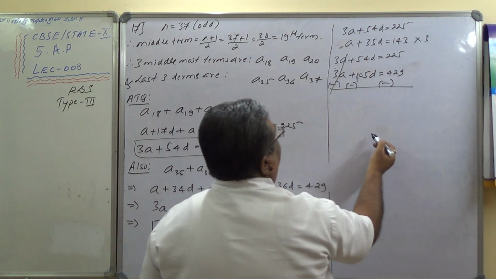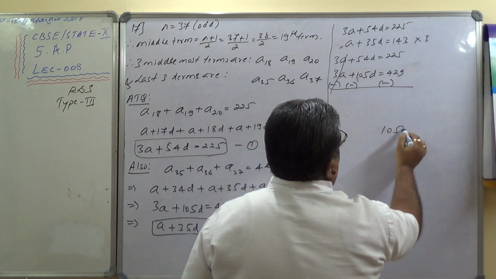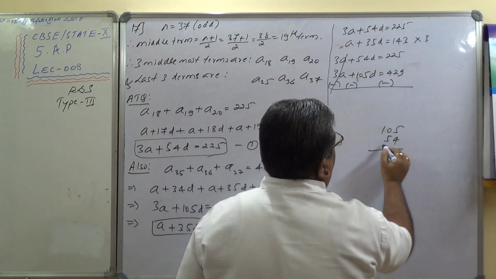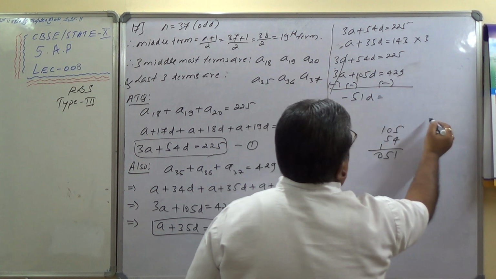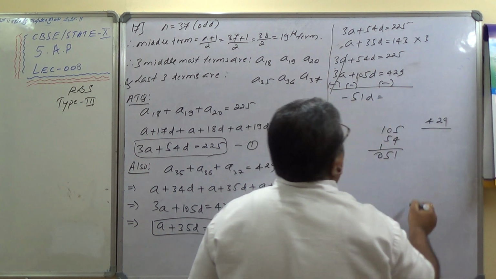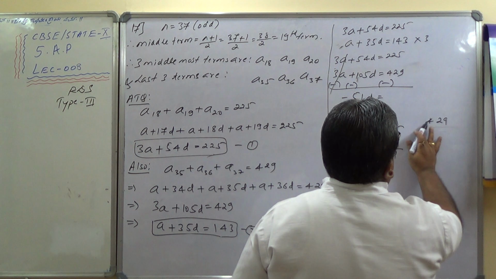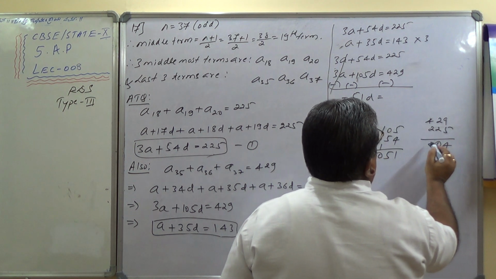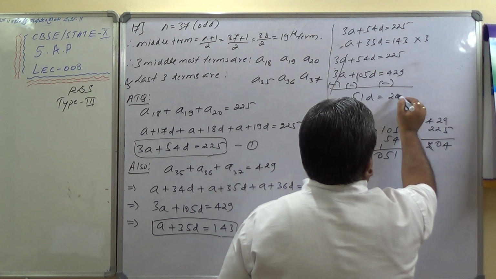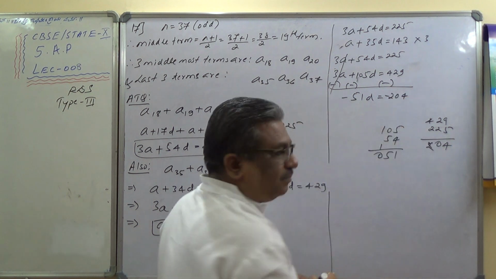So this will be 105 minus 54, 51D equals 429 minus 225, which is 204, but with a minus sign.